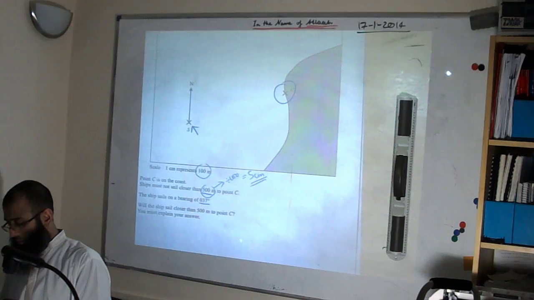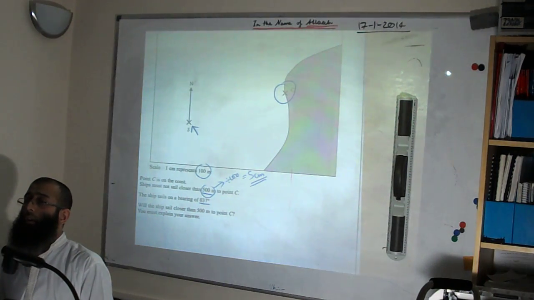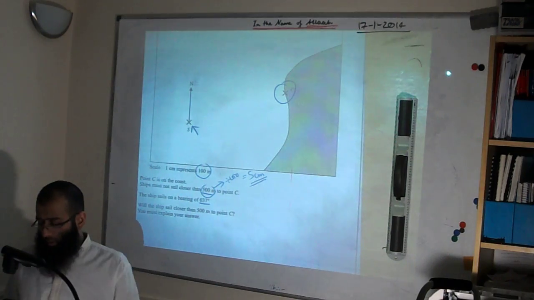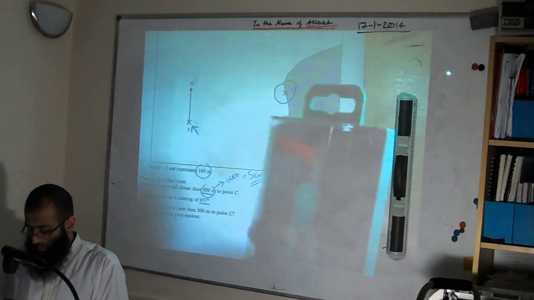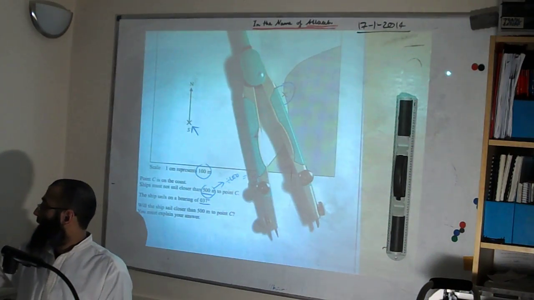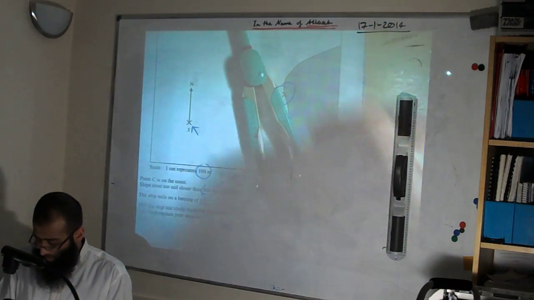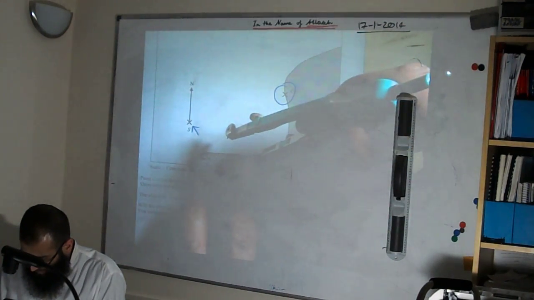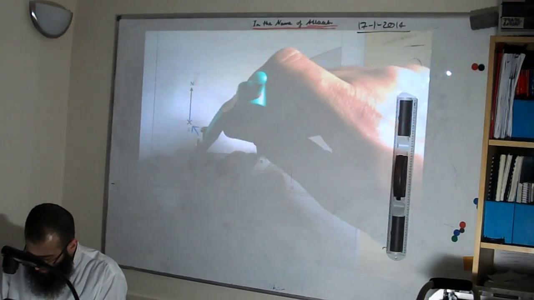This one's a bit loose. This one's a bit tight. Okay, right, here comes disaster. Sorry about that folks, let's just try that again. So we're going to set it to 5 centimeters. Let's just hope this one doesn't flop.